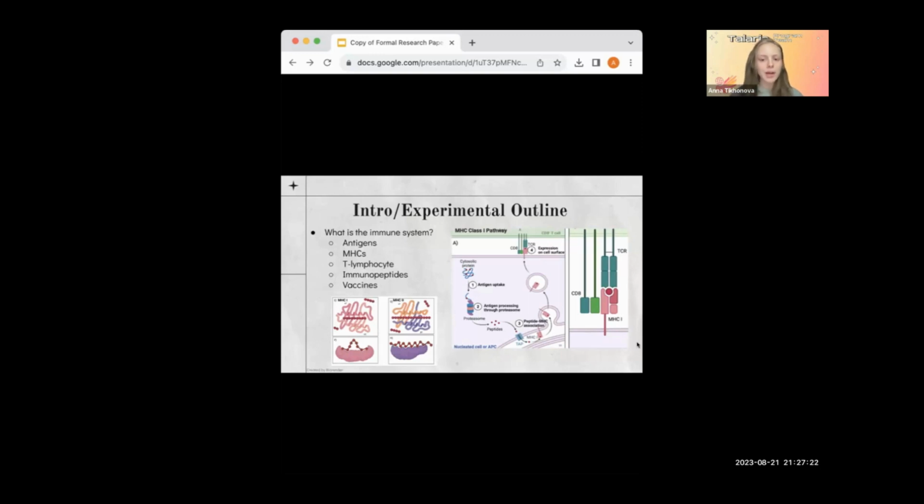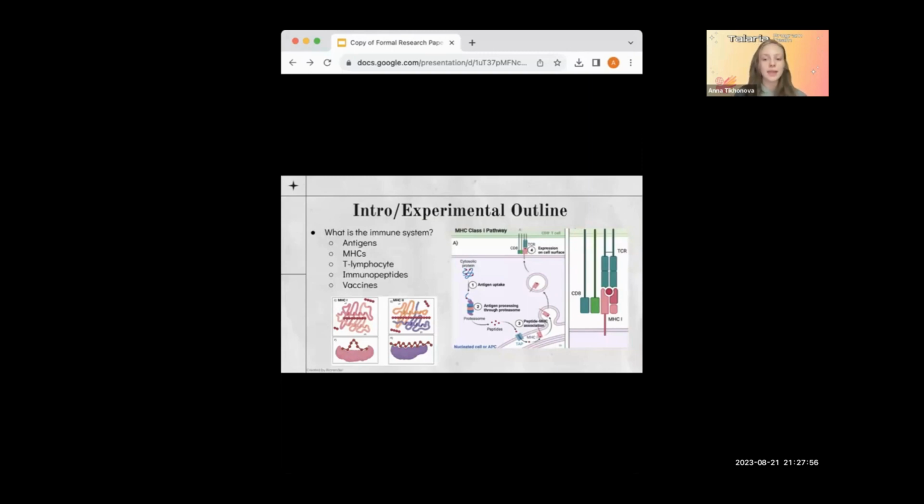The hot dog is sitting inside the hot dog bun. The antigen has been processed by the cell, which happens in the pathway, and after it's processed, it goes to the surface. Steps 1 to 3 in this big picture are what happens when the cell is processing it. But what we're focusing on is step 4, which is the expression of the antigen on the cell's surface. That's what we're focusing on for the purposes of our research, and that's what I'd like to clarify before I get into my research.